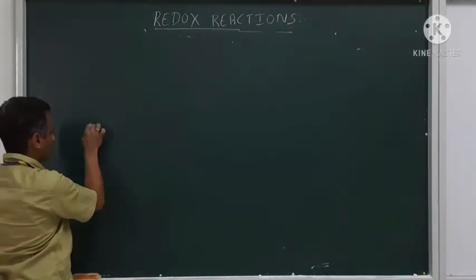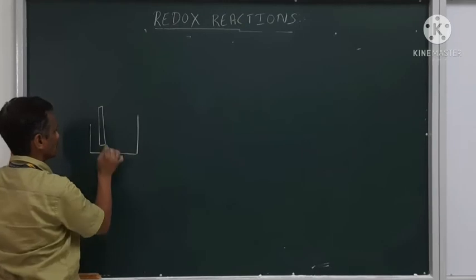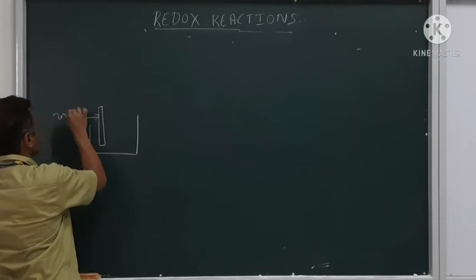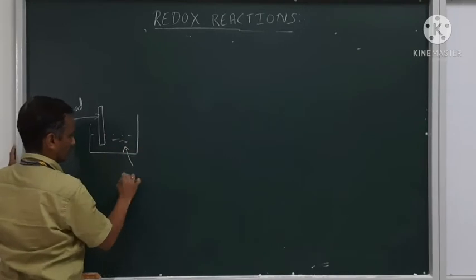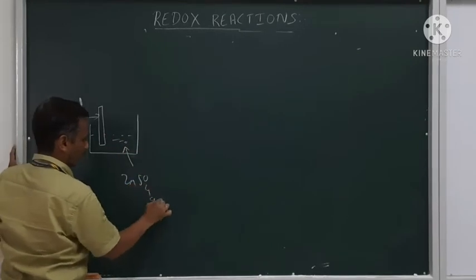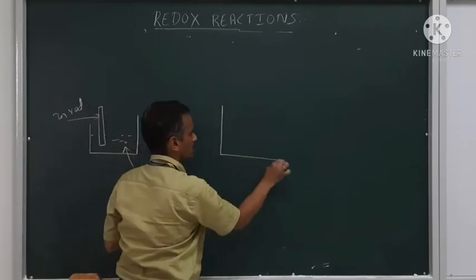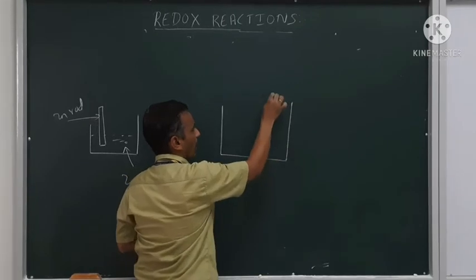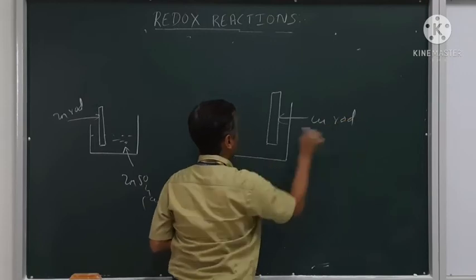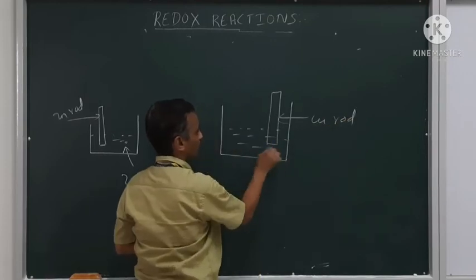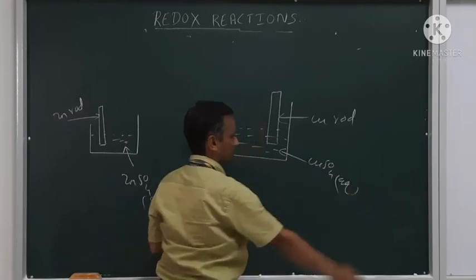Say here, I take a zinc rod and keep it in zinc sulfate aqueous solution. In another beaker, I take copper rod and keep it in copper sulfate solution, CuSO4 aqueous solution.